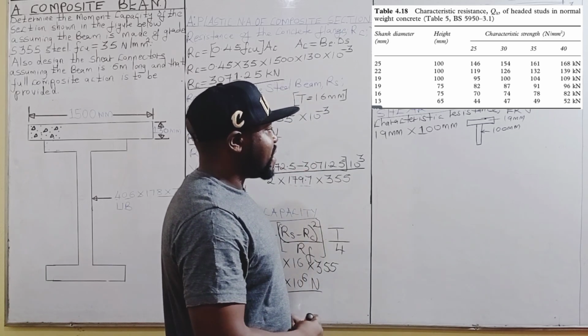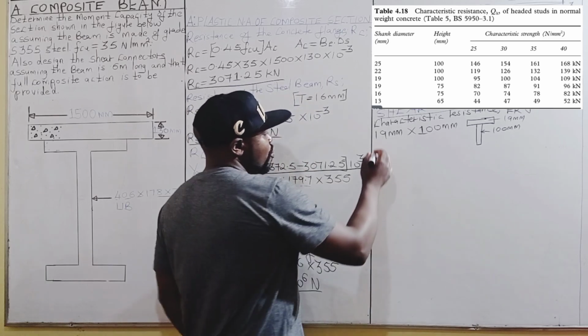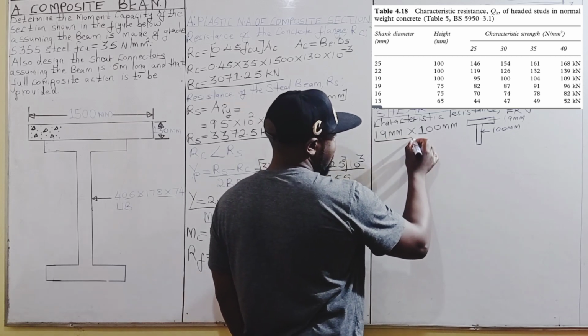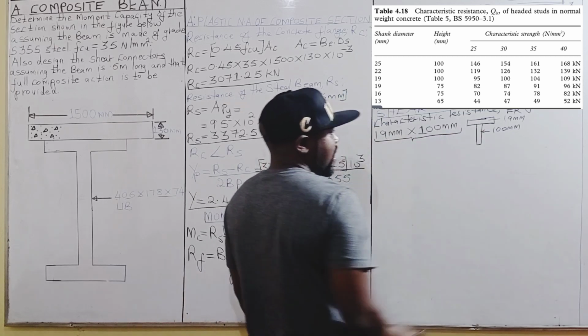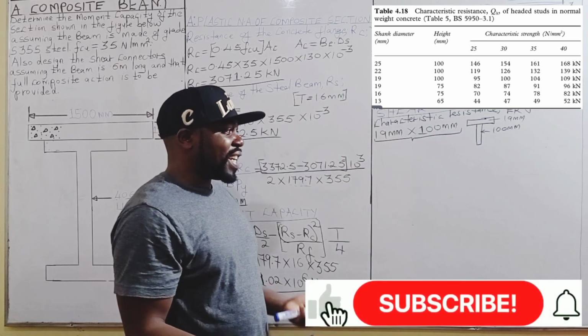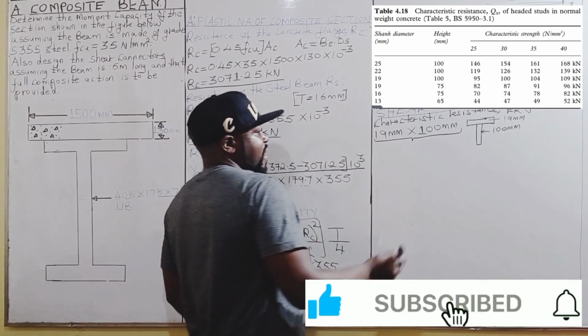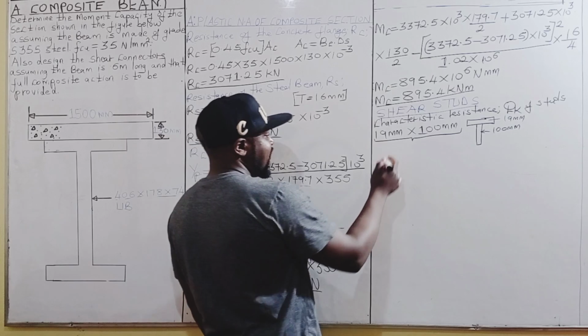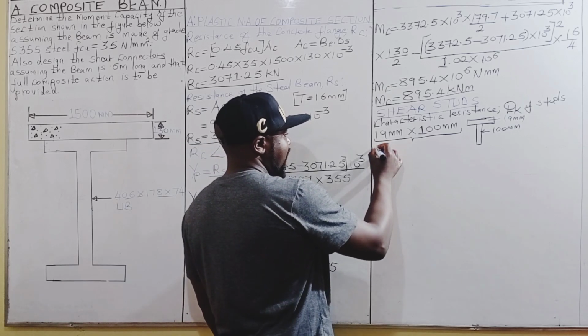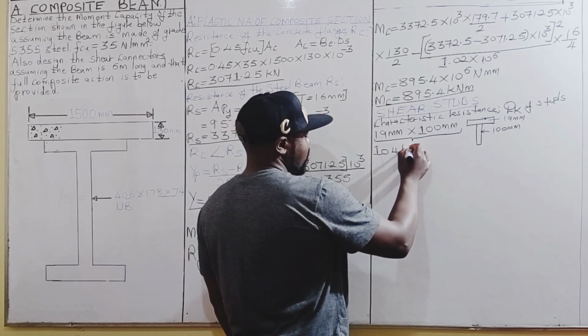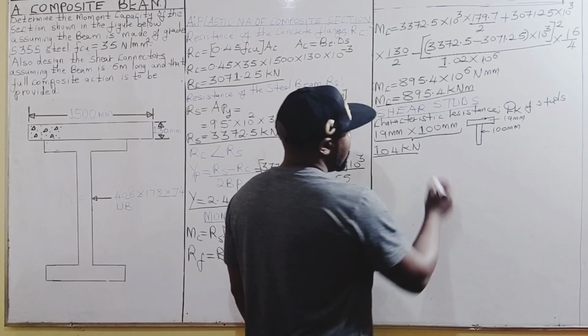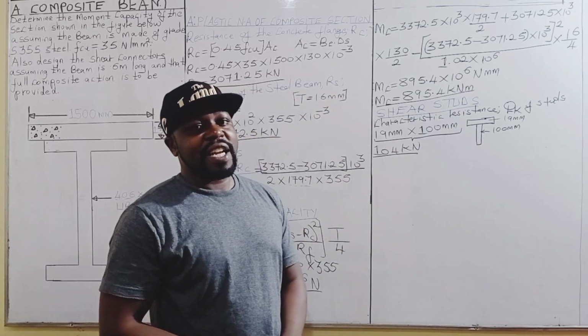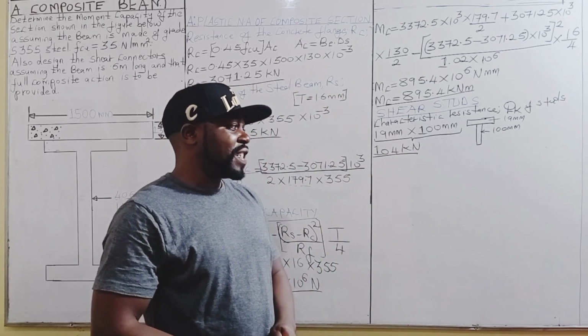So from table 4.18, with such a stud, the characteristic resistance in grade 35 concrete of such a stud is 104 kilonewtons. That information, you obtain it from table 4.18 of BS 5950.